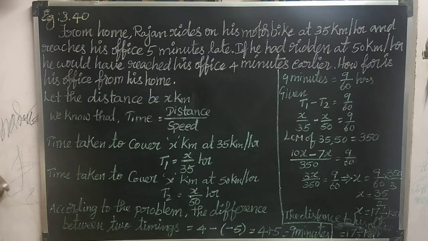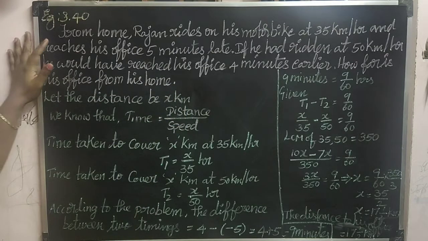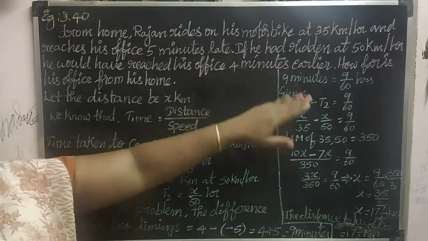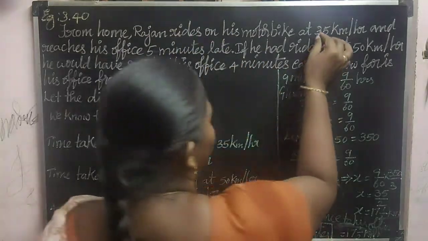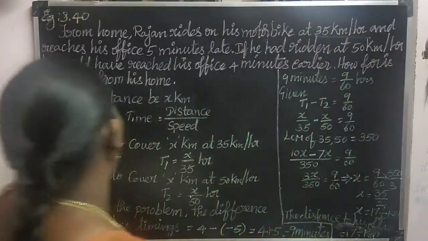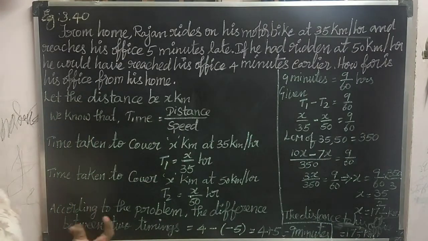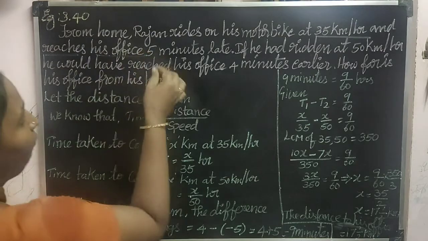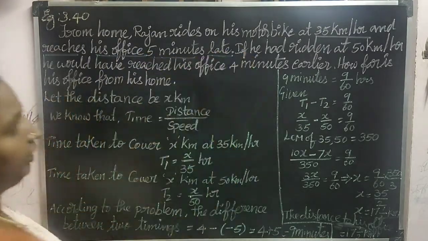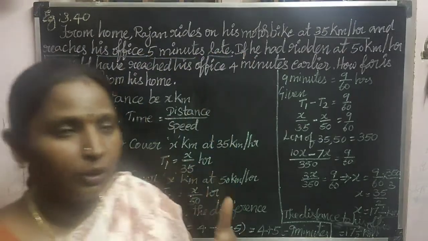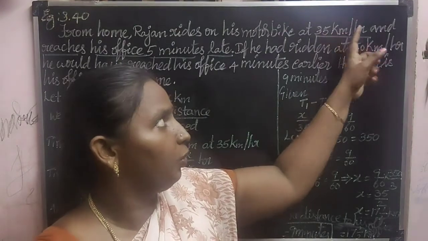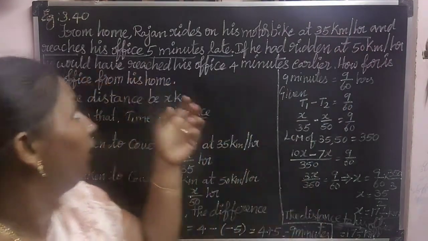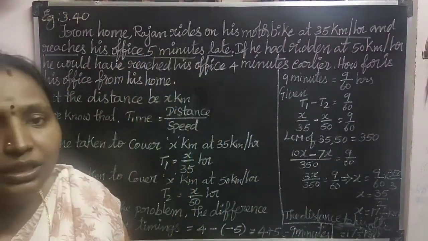Okay, so they ask this question. From home, Rajan rides his motorbike at how many kilometers? 35 km per hour. That is the speed of the motorbike. And he reaches his office 5 minutes late. So if he rides his motorbike at 35 km per hour, he will reach his office 5 minutes late.